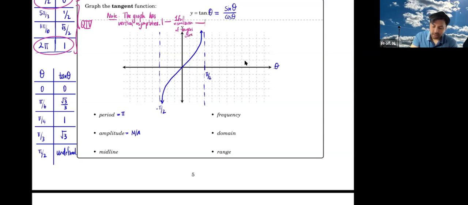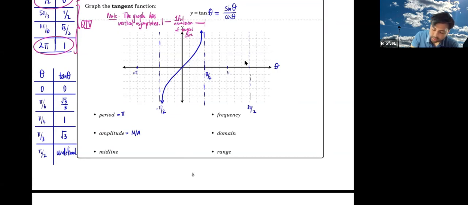So I'm going to see this again after pi units. So after pi over 2, you add pi, you get 3 pi over 2 here. And then you do the same thing over here, right? This is going to be negative pi.